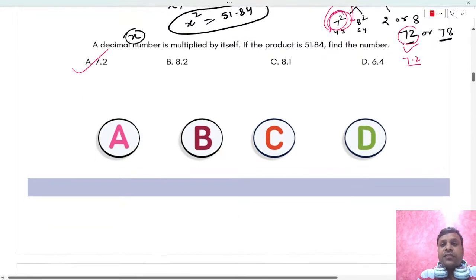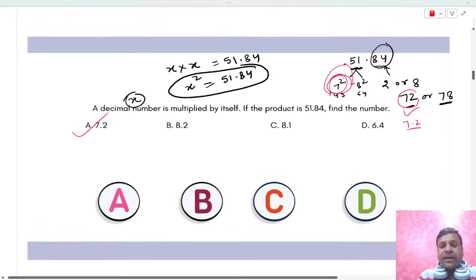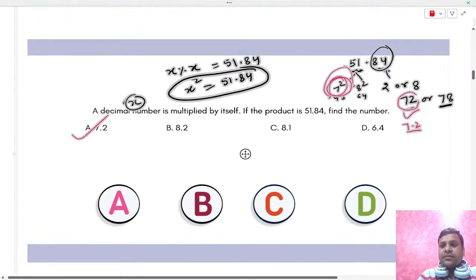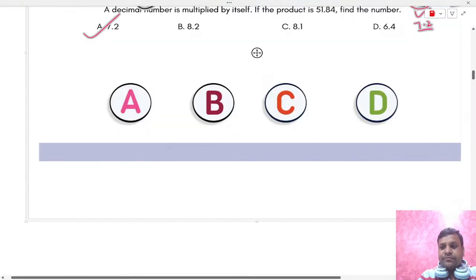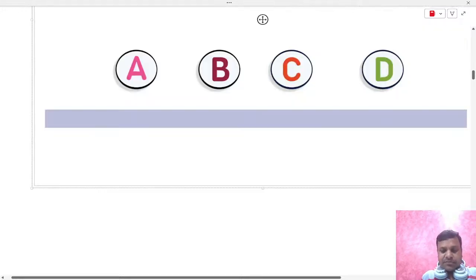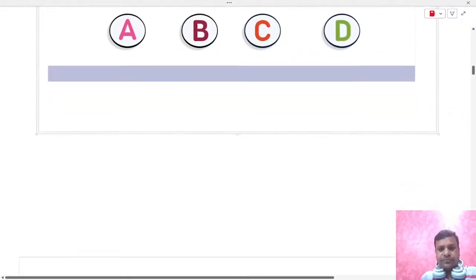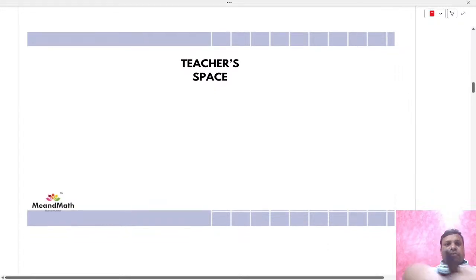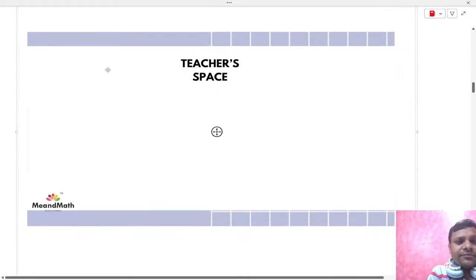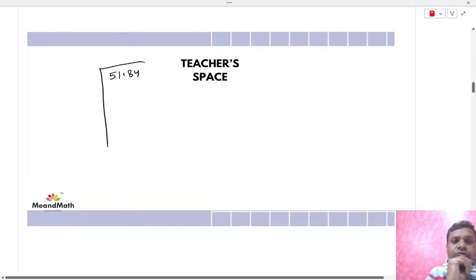Now I'll give you the long division method. Okay, look at here. 51.84, the long division method we are going to solve.